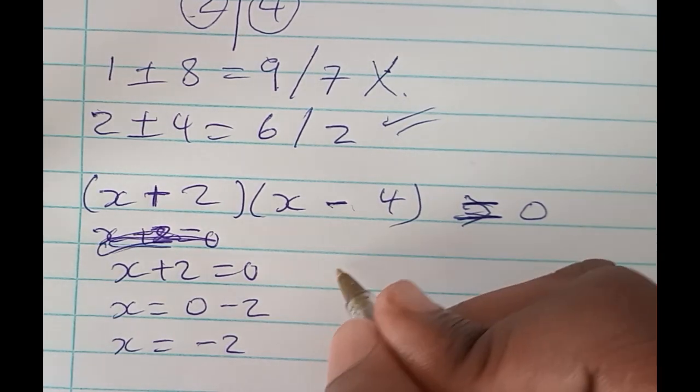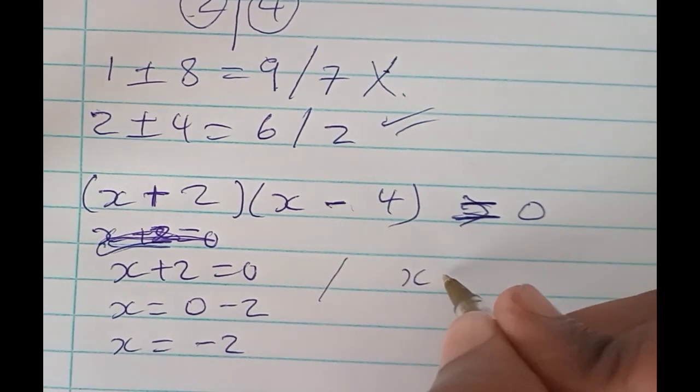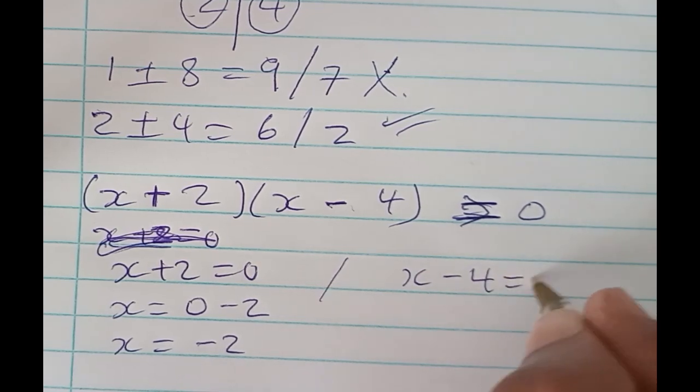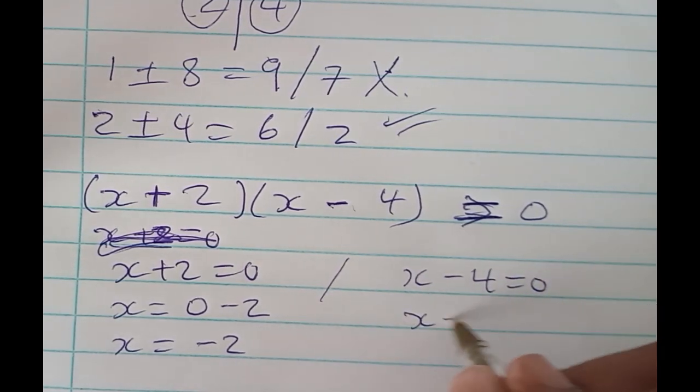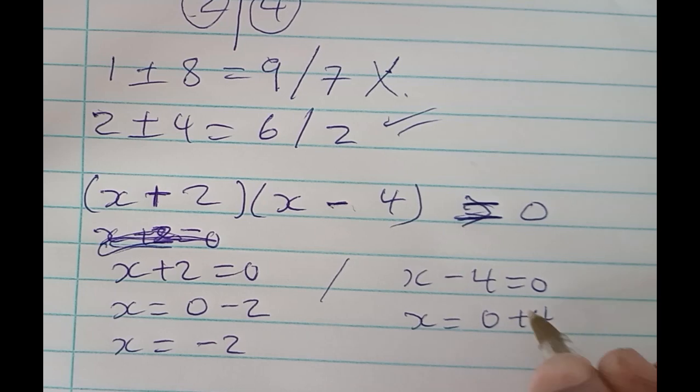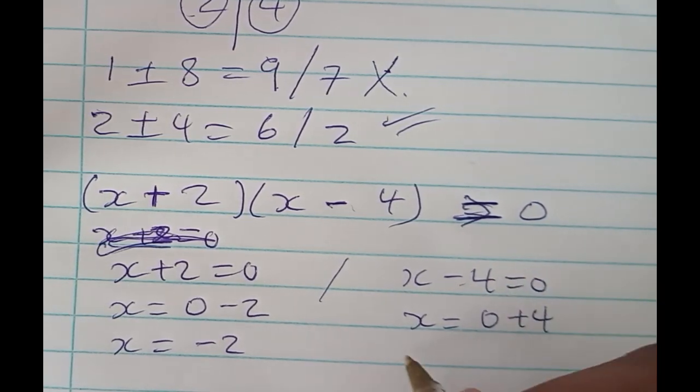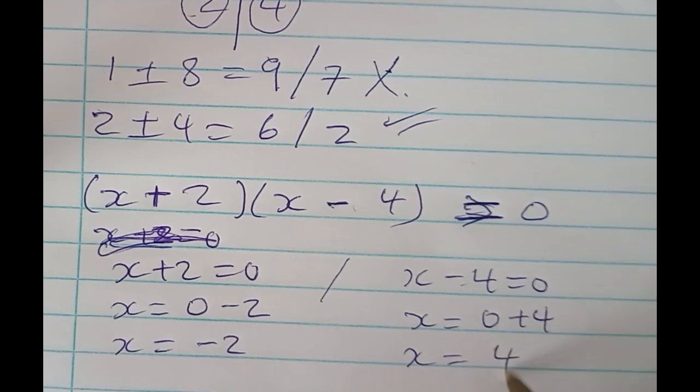For this side, I will say x minus 4 equals 0. Then I take 4 to the opposite side. It will change the sign from negative to positive. So 0 plus 4 is 4. So I got my critical values.